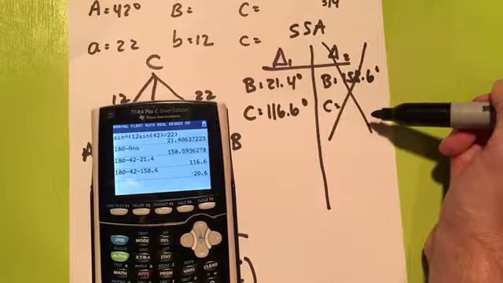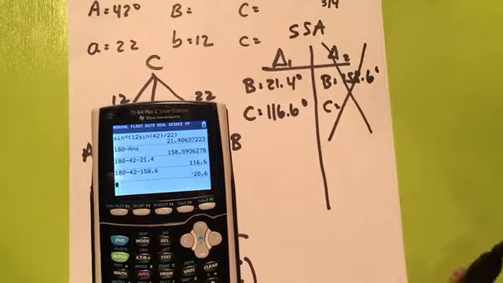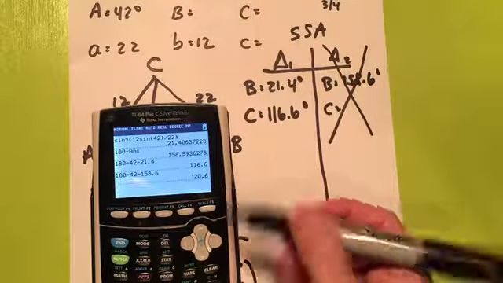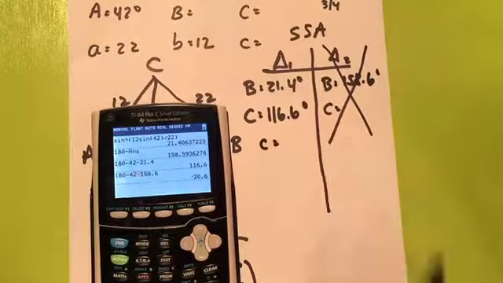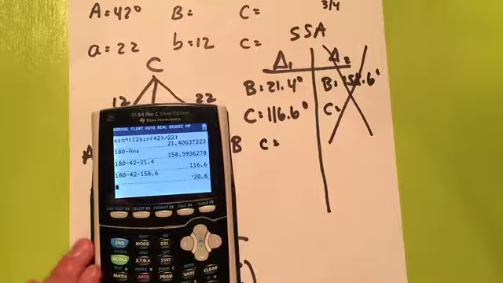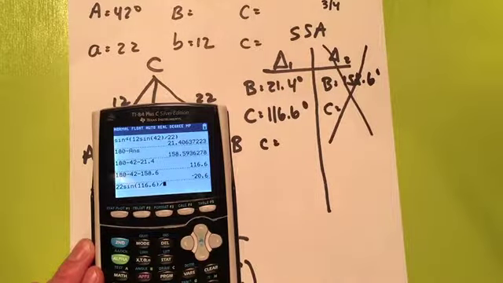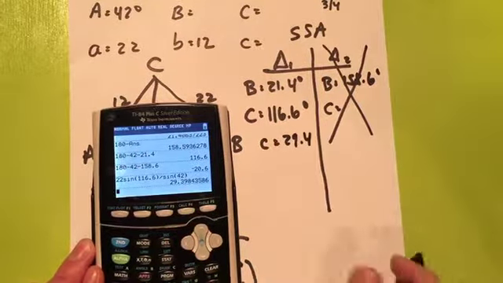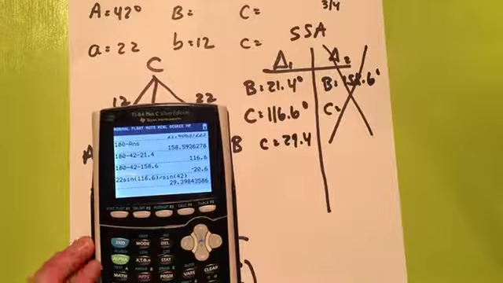Otherwise, the numbers will cue you in and show you it doesn't work as a possible triangle, because you can't have an angle measure negative 20.6. If we go through, find the last missing side, we're going to have 22 sine 116.6 divided by sine of 42. We'll get side C, 29.4. One triangle.